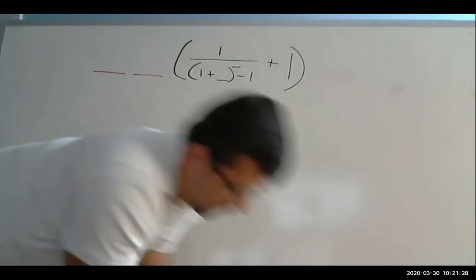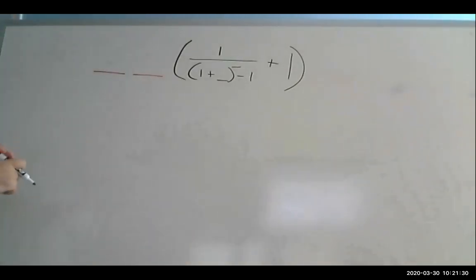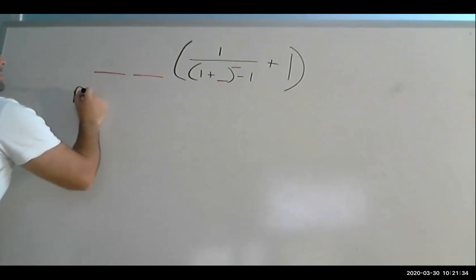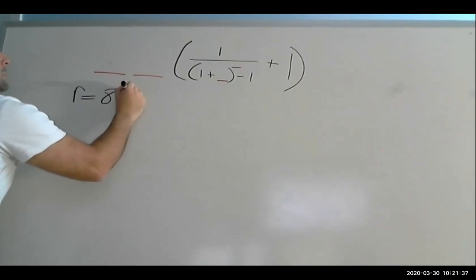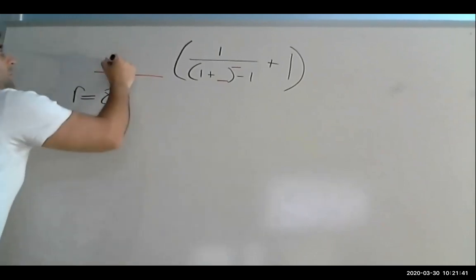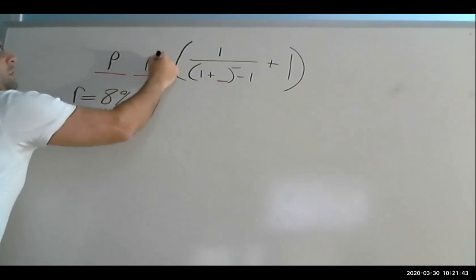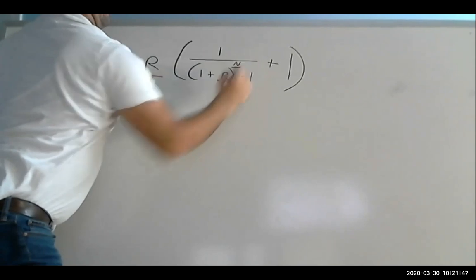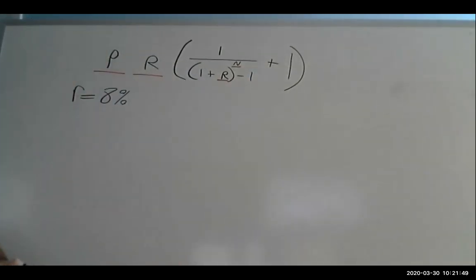Little r is 8%. But I guess I'll write the letters up here. But what is big R? $120,000?